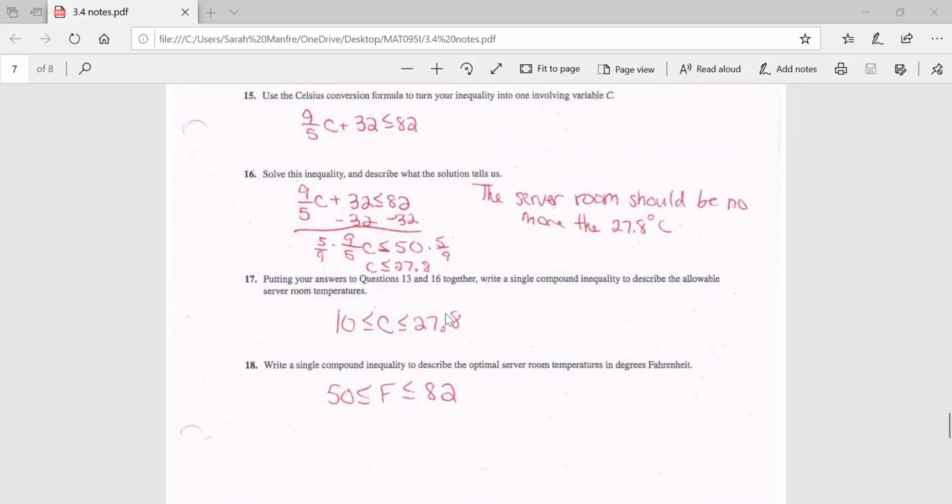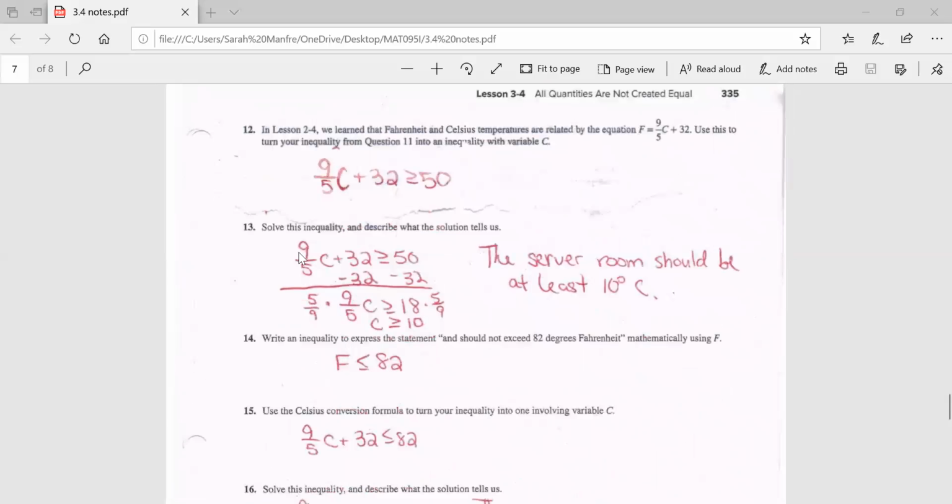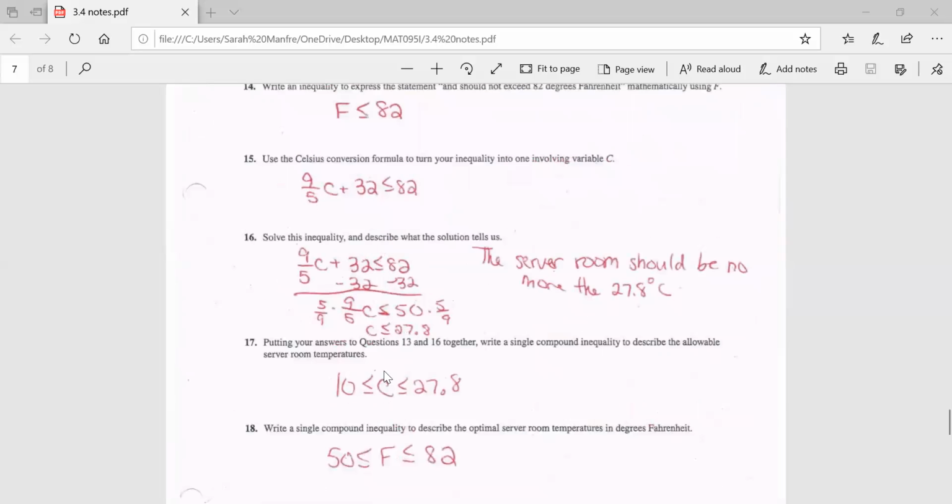If I pretend 27.8 is not there, it means Celsius is greater than or equal to 10. Up here in question 13, we wrote Celsius is greater than or equal to 10. I need C to be in the middle, so I'm just switching them, and the inequality has to switch as well. And if I pretend that 10 is not there, it's saying C is less than or equal to 27.8.